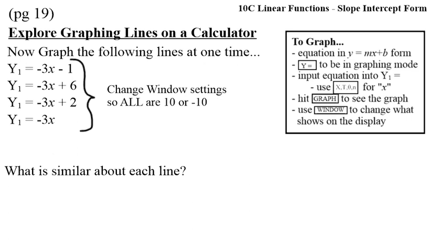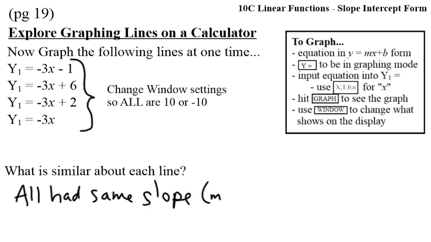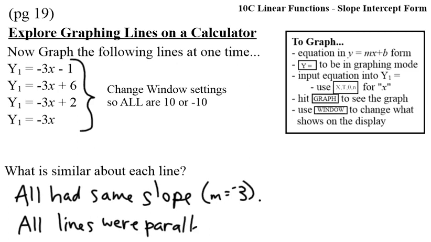Well, then what did we do? Then we graphed this next set. And what was similar about each line? They all had the same slope, which was slope of -3. What did that mean? All the lines were parallel, which they should be because we just talked about that last lesson.